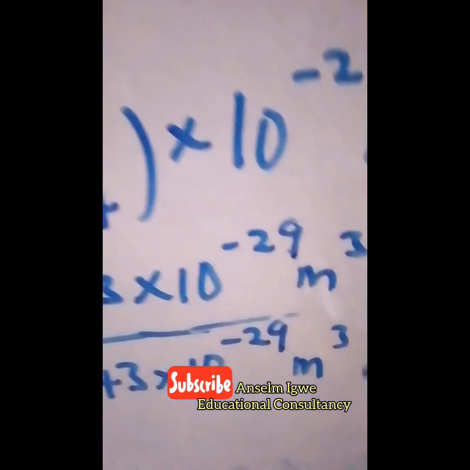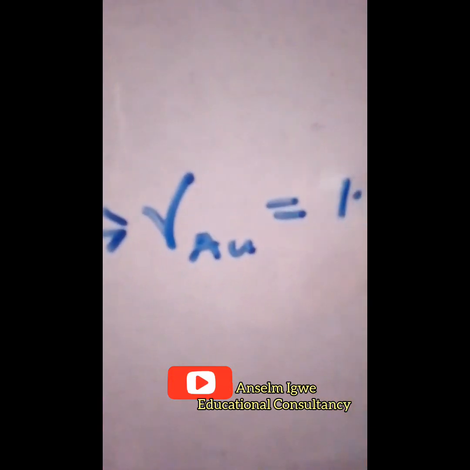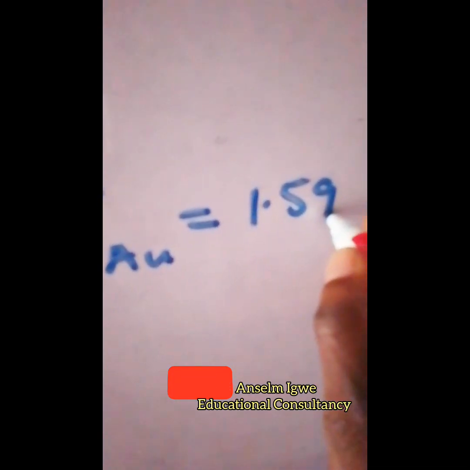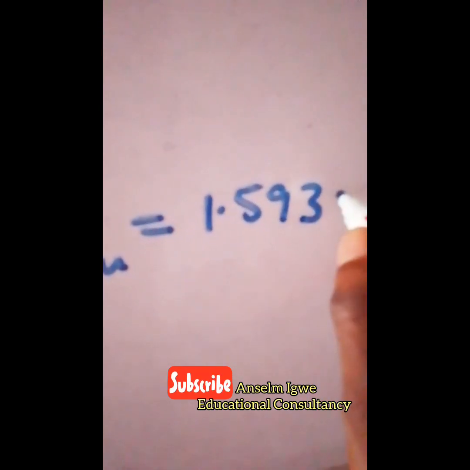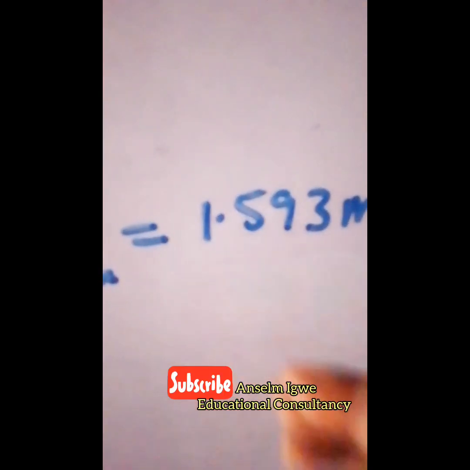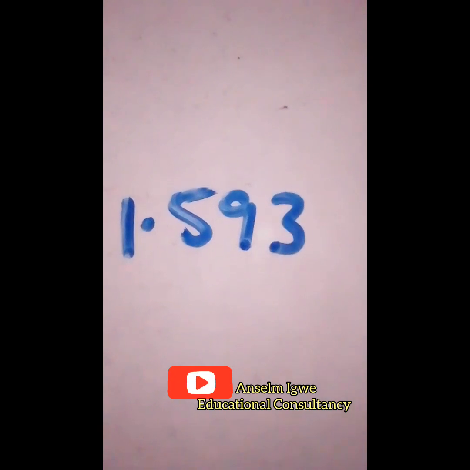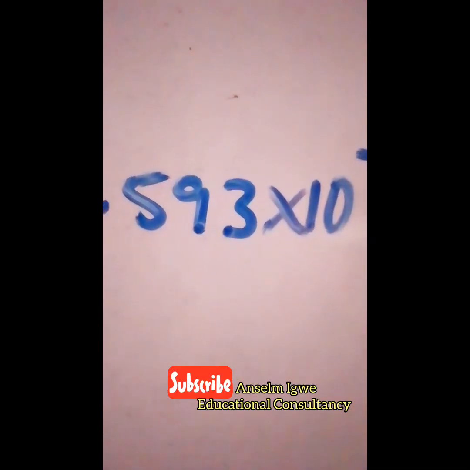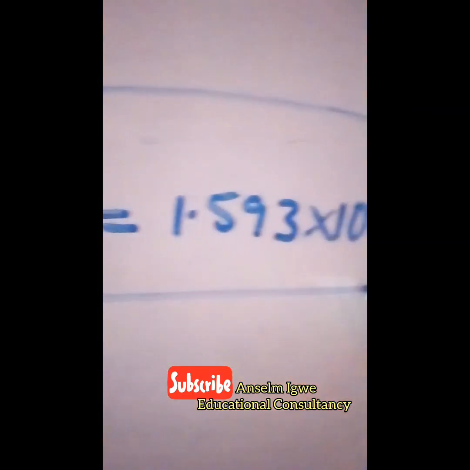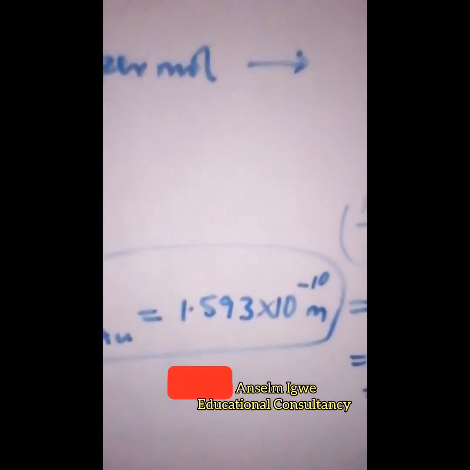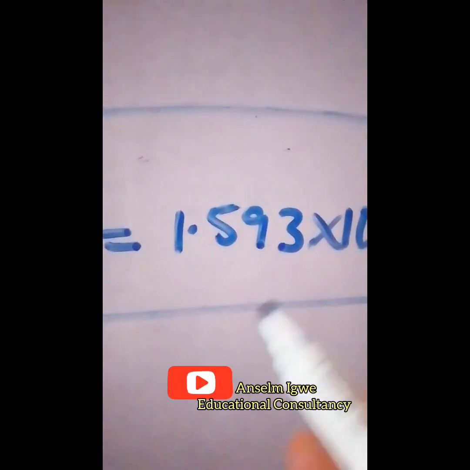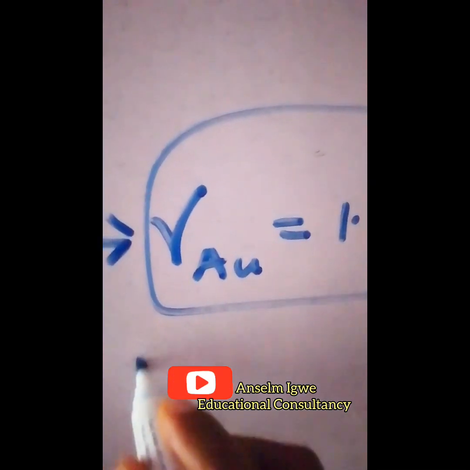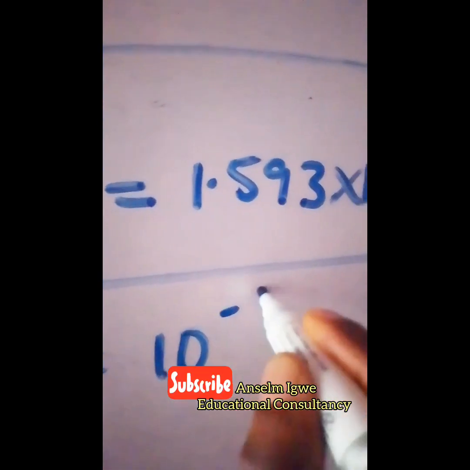Okay, let's continue. So, after estimating this, the radius of the gold atom is 1.593 times 10 raised to power minus 10 meter. This is the radius of the gold atom. We can finally convert to picometer. We know that 1 meter is equal to 10 raised to power 12 picometers.